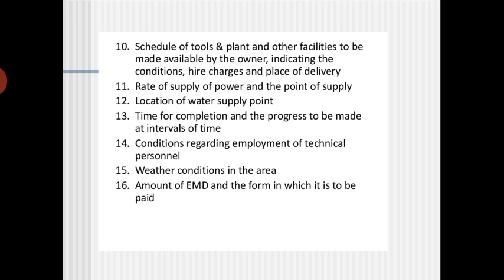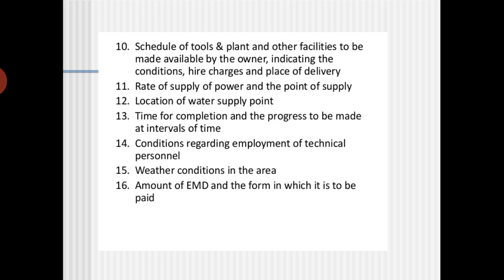Time for completion and the progress to be made at intervals of time has to be mentioned. Conditions regarding employment of technical personnel. Normally, even if they have awarded the tender, a skilled person is required to execute that work. So your company has to give the details of the employees who are there in your company, because if unskilled persons are there, normally the quality of work will not be achieved, and they will not mix the proper quantity.